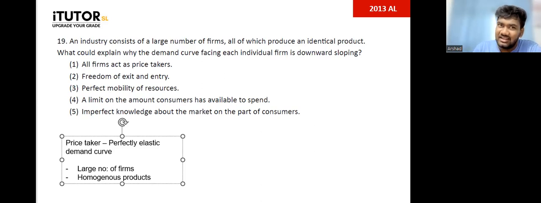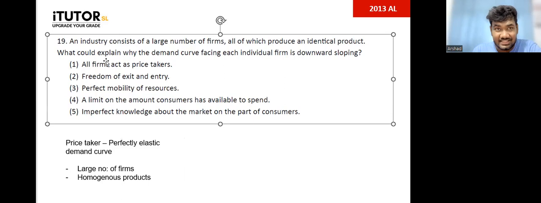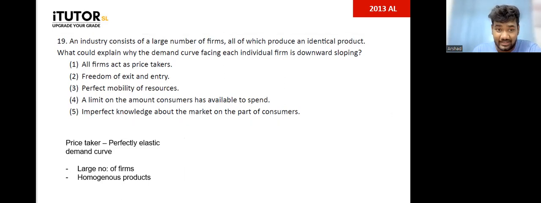But even now, see, in this story, the industry consists of a large number of firms. So this first condition is met. Identical product, homogeneous product also. Second condition is also met. But still, they are facing a downward sloping curve.